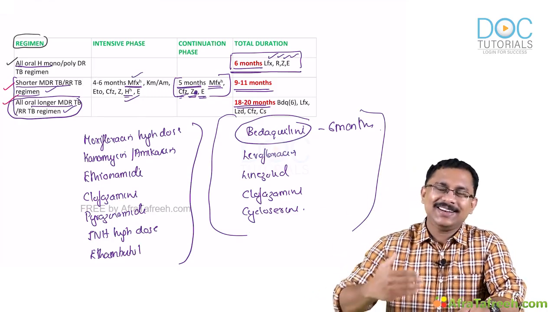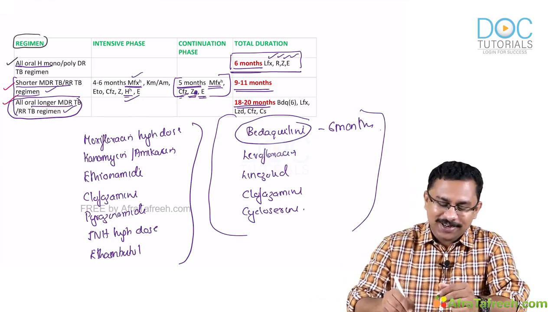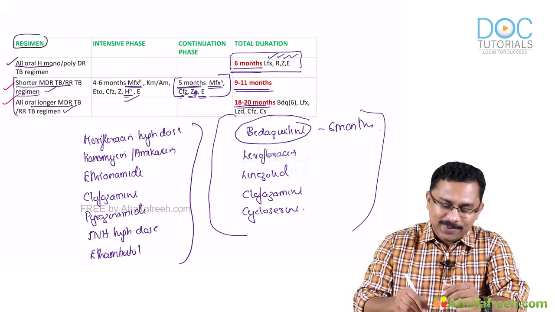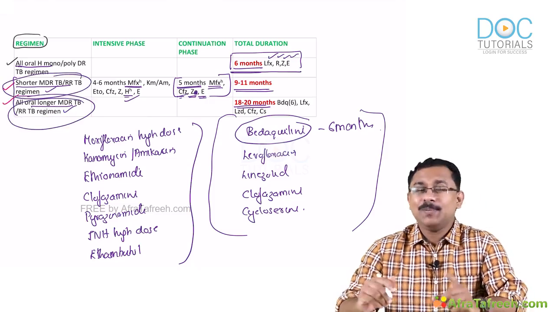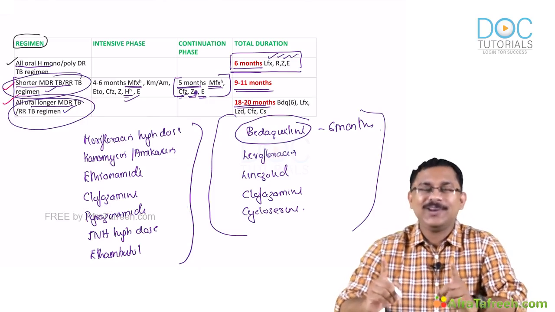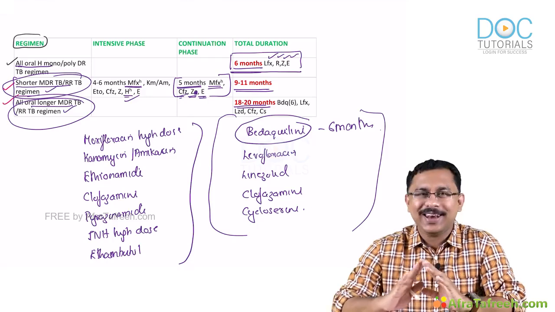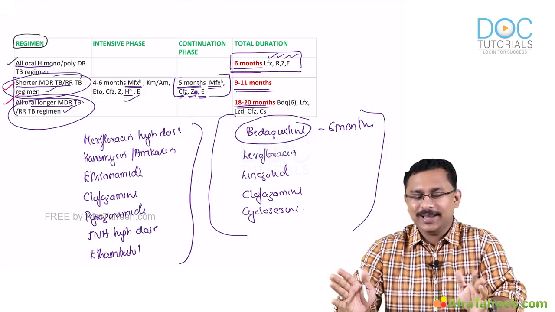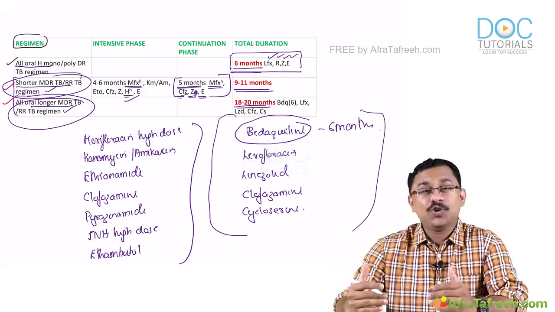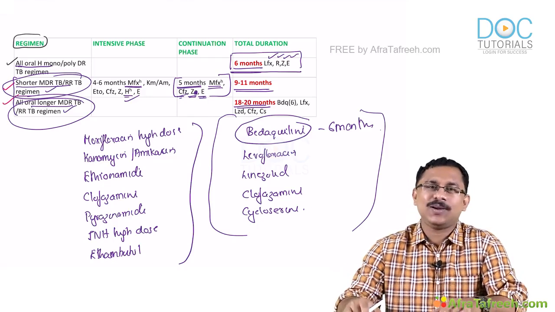Only thing is that this should go in your head: the shorter regimen, the longer regimen and the agents that are used. This is something you should definitely know, because tuberculosis is such an important topic and you cannot miss anything from that. So that is how you will deal with drug resistant tuberculosis.